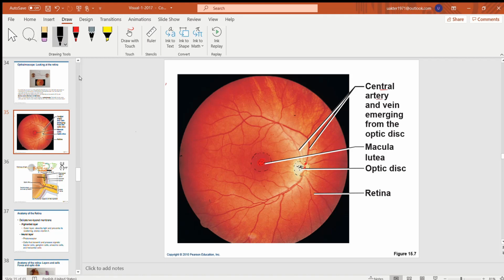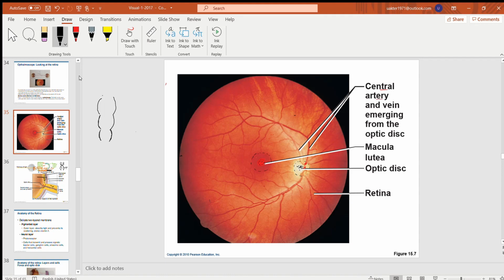You must remember when we talked about the formation of the brain in the very early embryonic stage, three vesicles or pouches are formed, right?